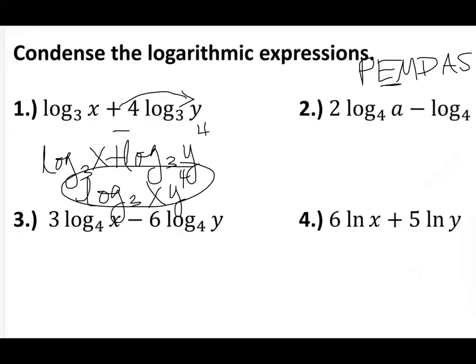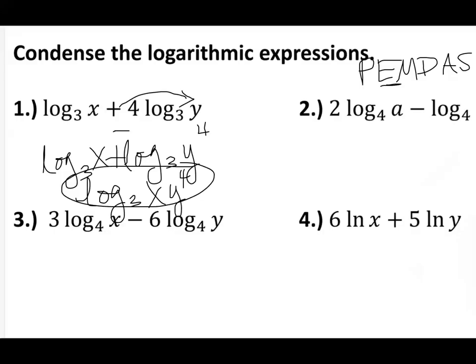Okay, the next one, again, you're always looking for things being multiplied. So the 2's out front. Uh-oh, I moved it to where we can't see that whole thing. Sorry about that. And I need to erase some stuff.